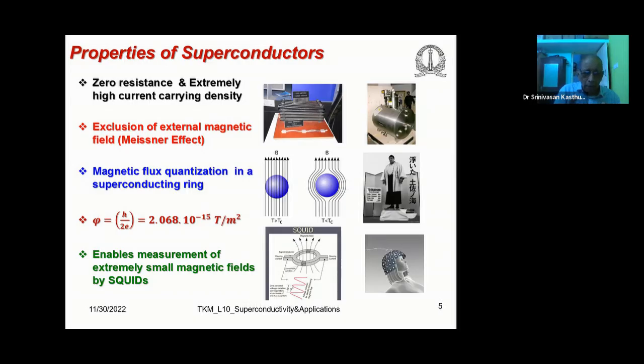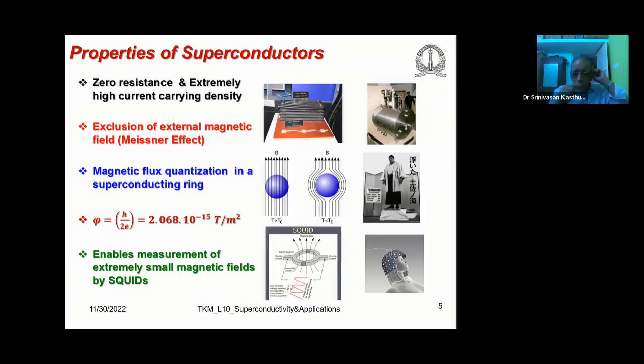A SQUID consists of two superconductors separated by an oxide layer. This superconductor-oxide-superconductor structure forms what is called a Josephson junction.